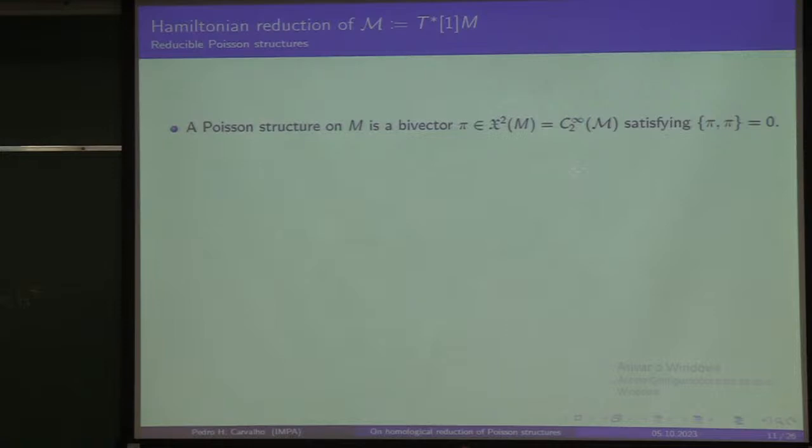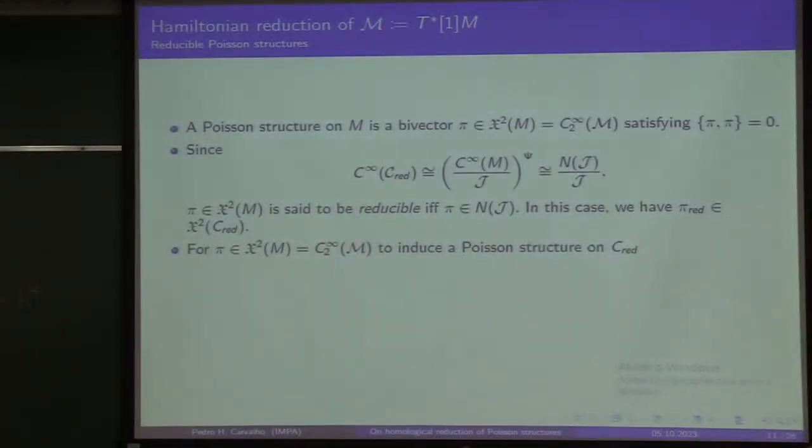a degree 2 function that satisfies this condition here. Okay, so this Courant bracket of pi with itself is 0. Okay, good. So this corresponds with vector fields on the reduced space, right? And since you have this correspondence here, a Poisson structure is reducible, so it goes to the quotient, if and only if it's a normalizer, okay?